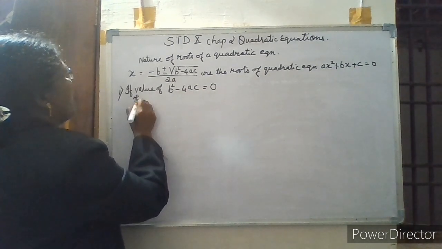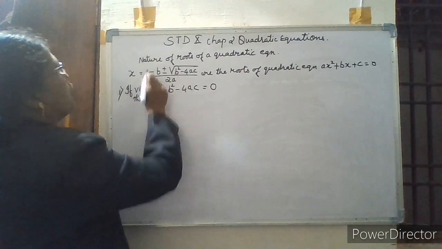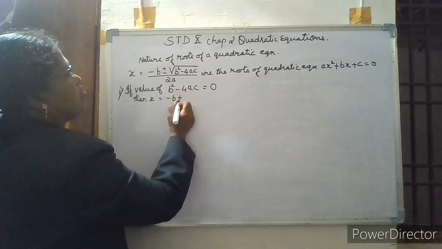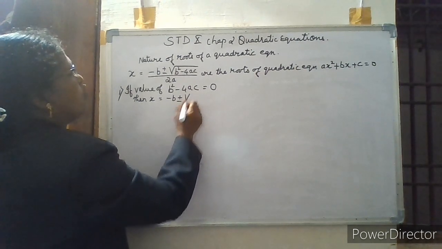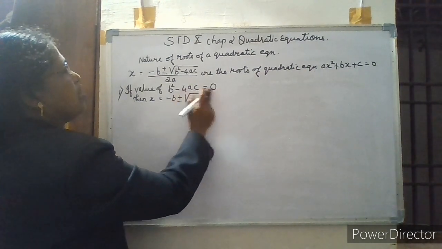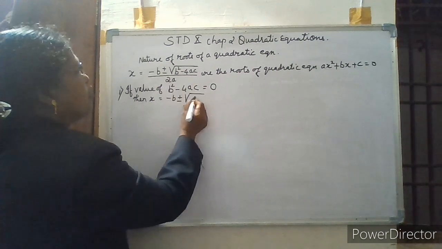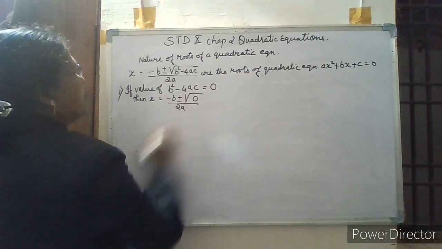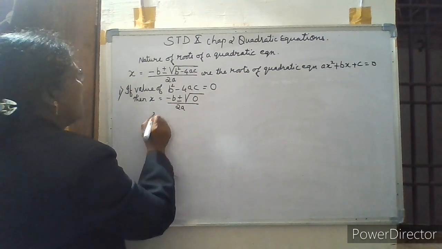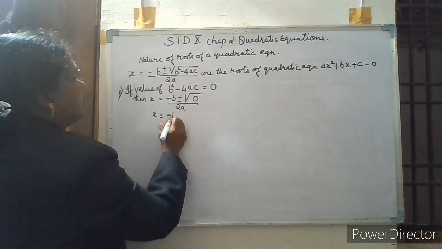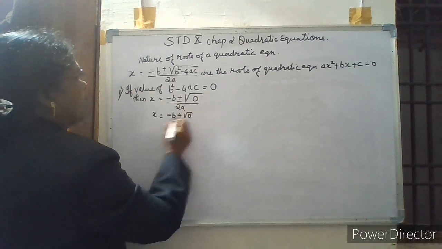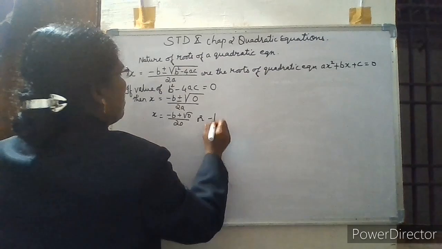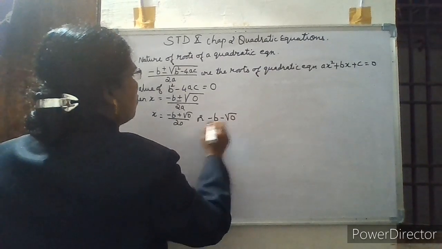Then we get x value as equal to minus b plus or minus root of b squared minus 4ac, which is root of 0, that is 0, upon 2a. So x is equal to minus b plus root of 0 upon 2a, or minus b minus root of 0 upon 2a.